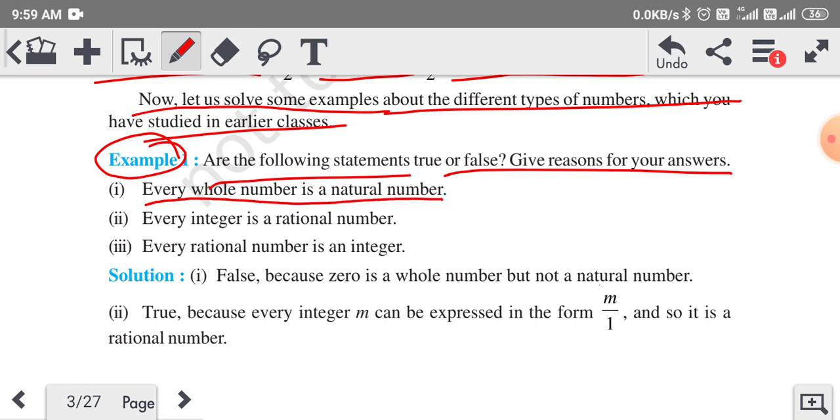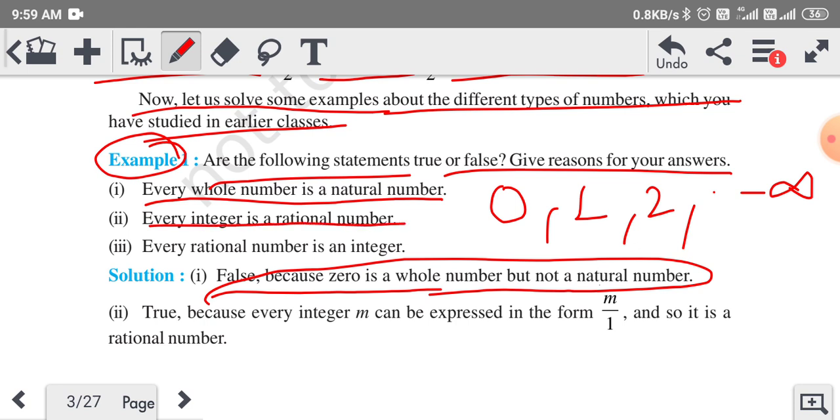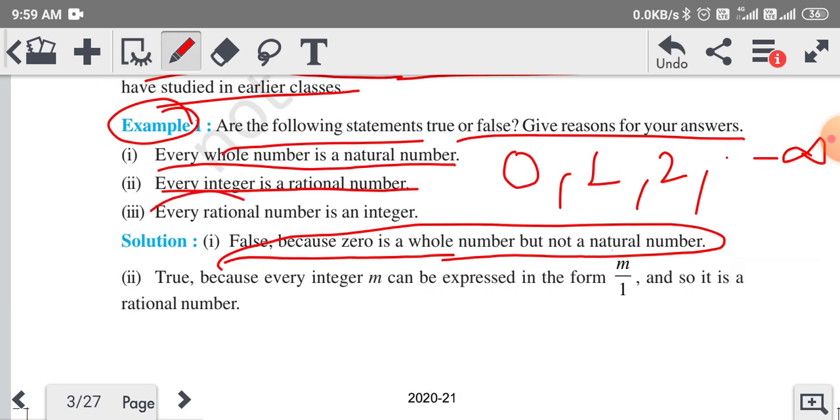So every whole number is what? 0, 1, 2, to infinity. So false, because 0 is a whole number but not a natural number. Second, every integer is a rational number. And the third is every rational number is an integer.